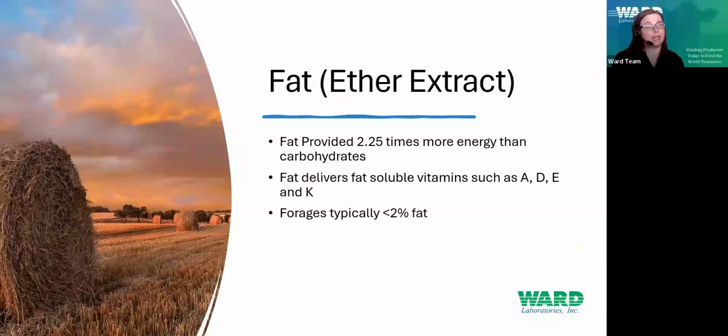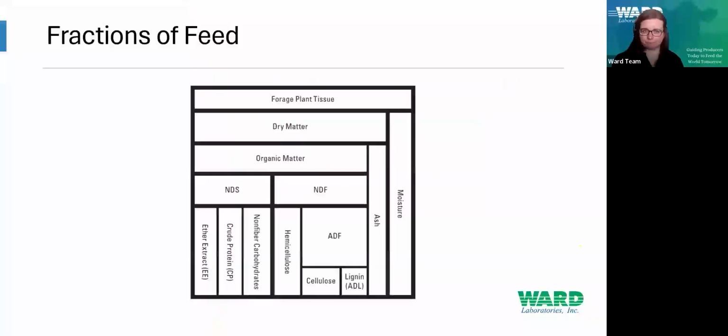Vitamin A has been a really hot topic. It's an expensive thing to be supplementing, so making sure that you have good fat, high quality forages, that's going to be key. And then fat also provides more energy than the carbohydrates in your forage. But again, it's not going to make up a large enough component to really make a huge difference.